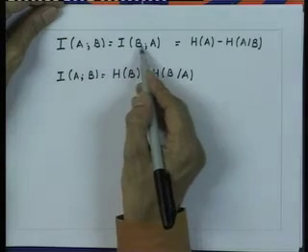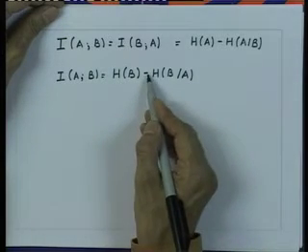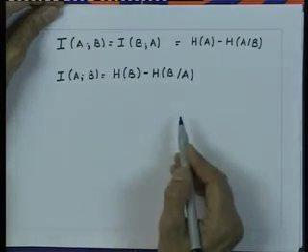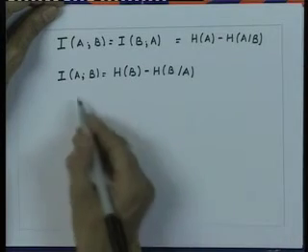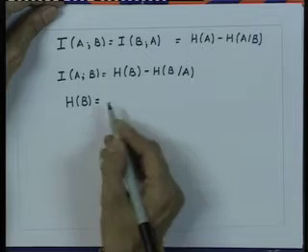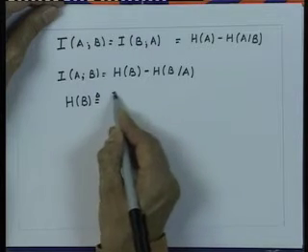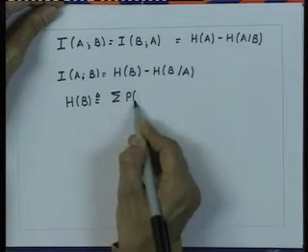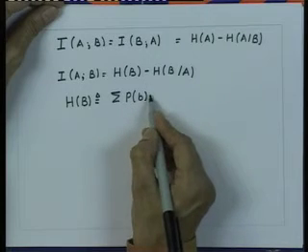So, similarly, I(B;A) is equal to H(B) minus H(B given A), where H(B) is by definition equal to the entropy of the output alphabet.